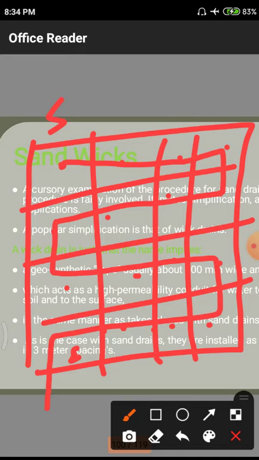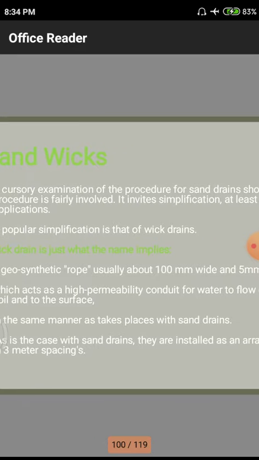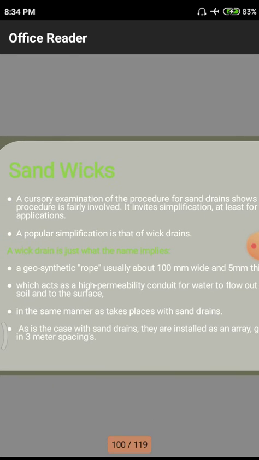This is the rope connecting these points in a series, from one point to another. Automatically the water flows in a drainage-like system, and from the exterior point the total water will run off easily, as the rope acts as a high permeability conductor for water to flow from the soil to the end surfaces.